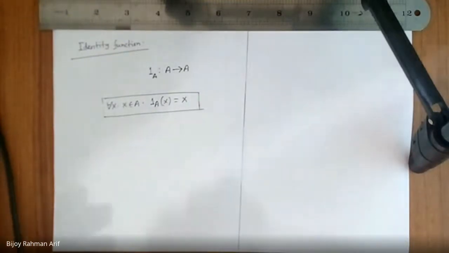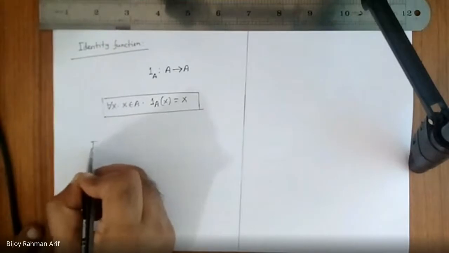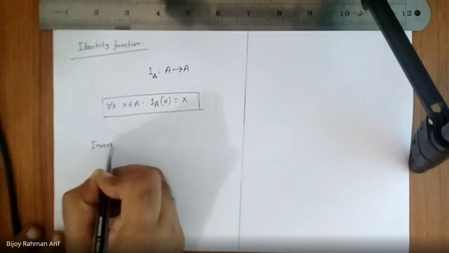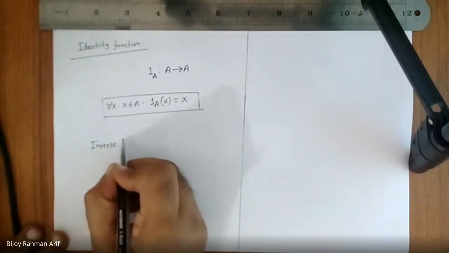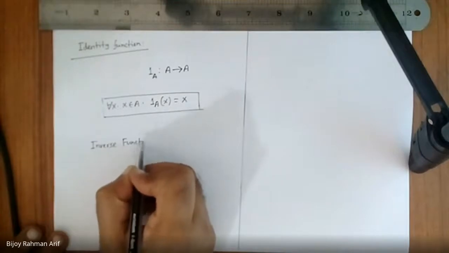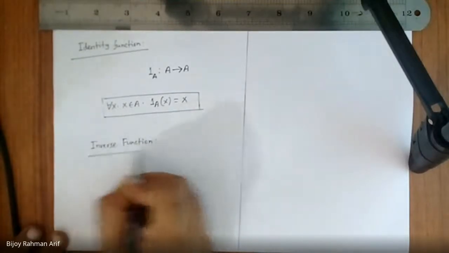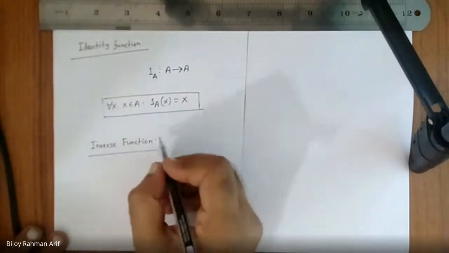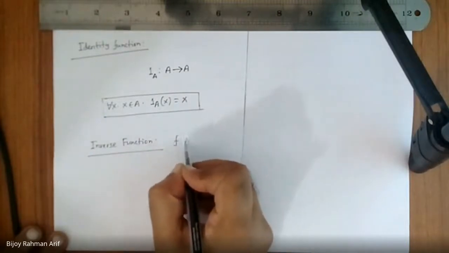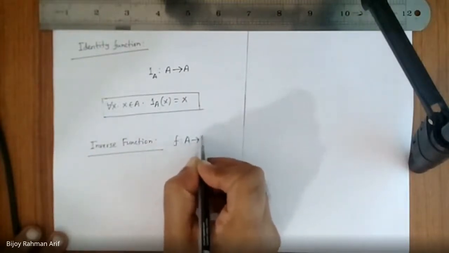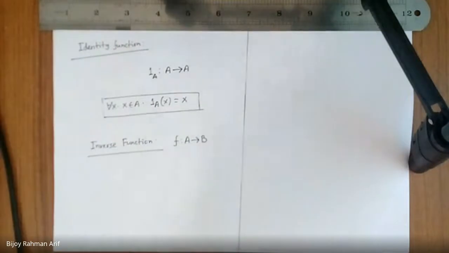So how can we define the inverse function? Let's assume f is a function from A to B. Then how can you define the inverse function?